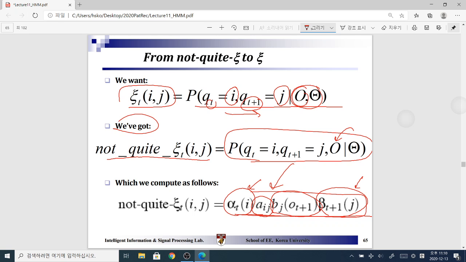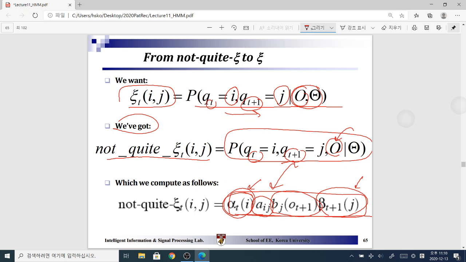So the entire product represents the probability where there is a transition from i to j at time t to t plus 1, as well as the entire observation sequence.